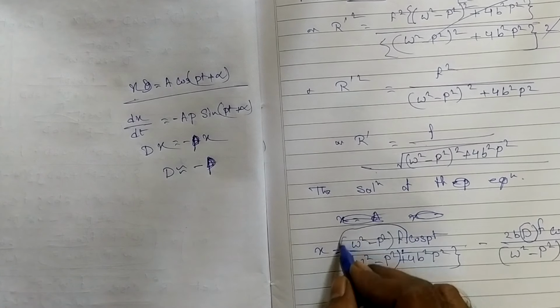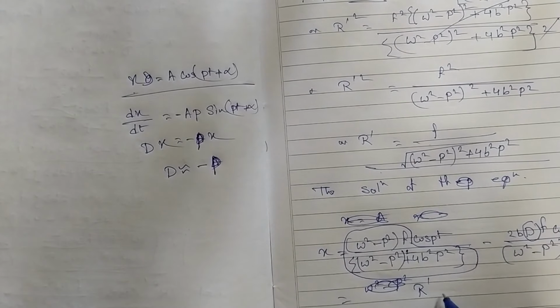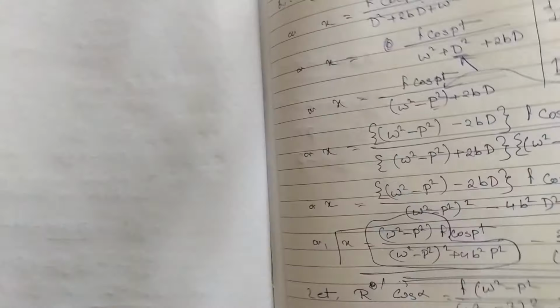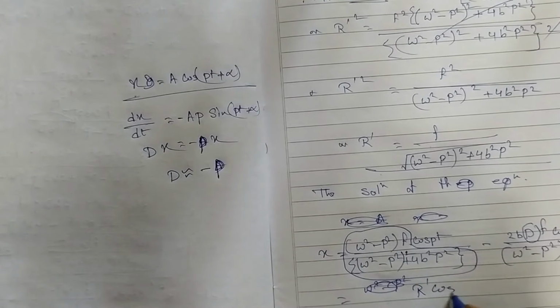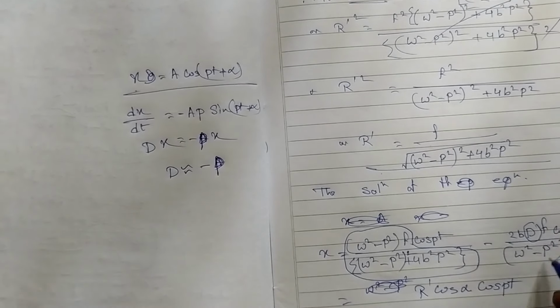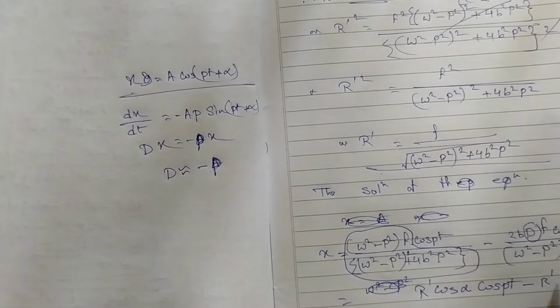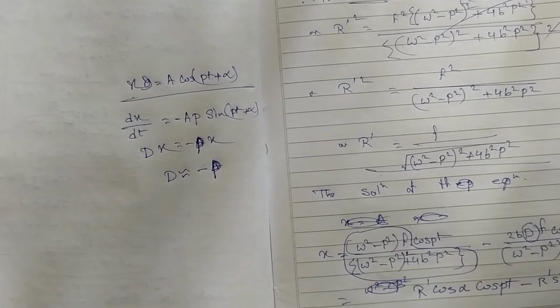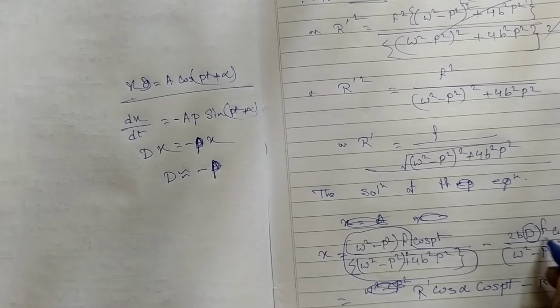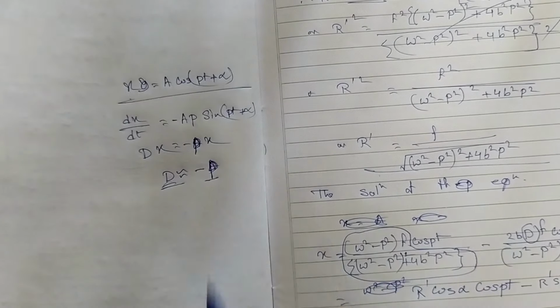This part we have already chosen as r dash cos alpha, multiplied by cos pt, and this other part we have chosen as r dash sin alpha, multiplied by sin pt.